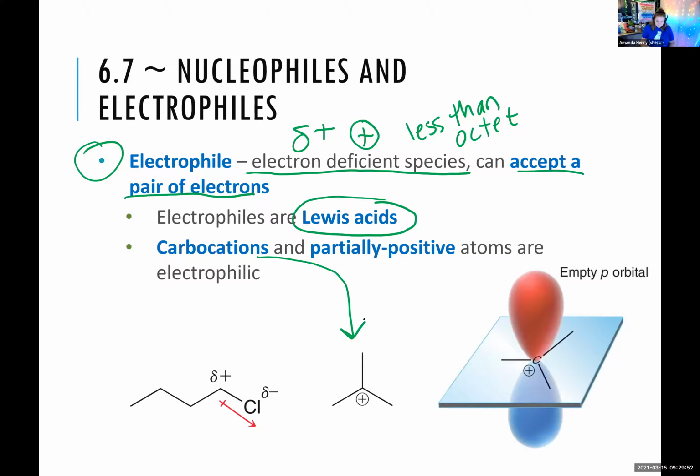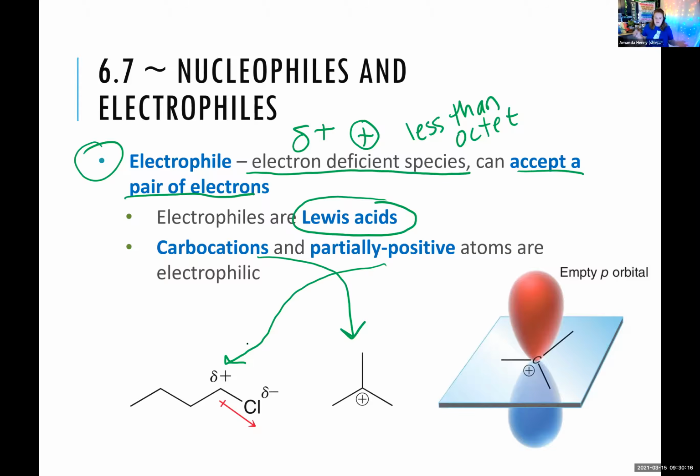Carbocations definitely fall into this category. So a carbon with a positive charge, and partially positive atoms, fall into this category. Our carbocations are positively charged, but they also technically have less than an octet. That's why they're positively charged.